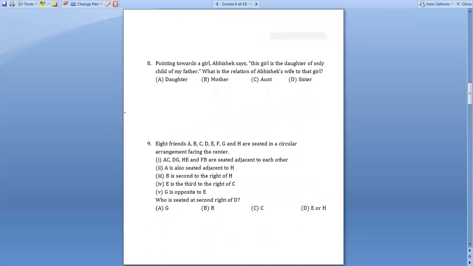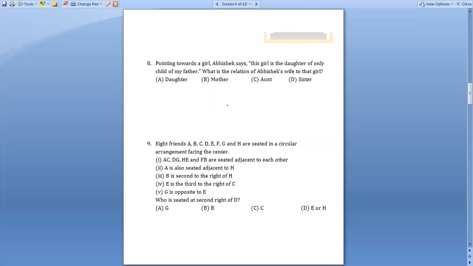Question number 8. Pointing towards a girl, Abhishek says this girl is the daughter of only child of my father. You don't have to draw the diagram here.